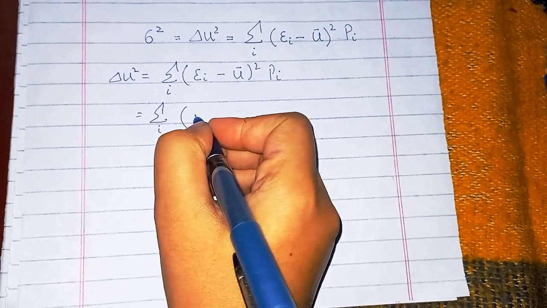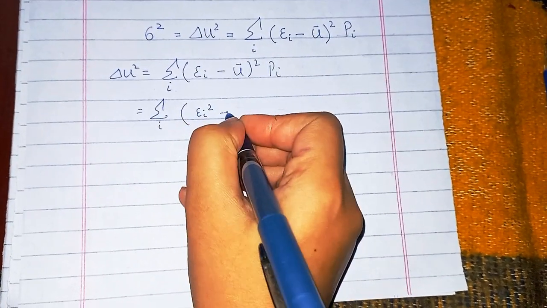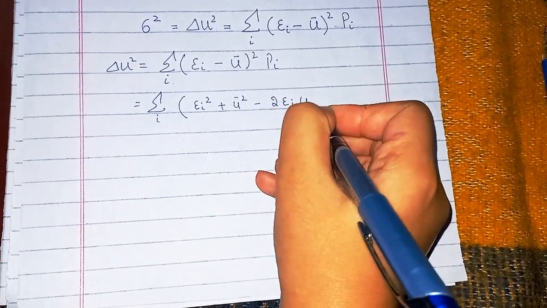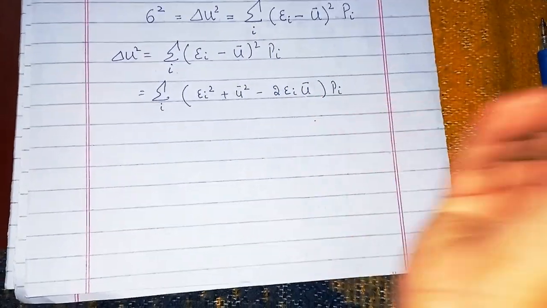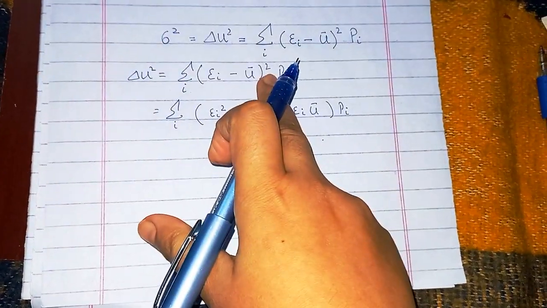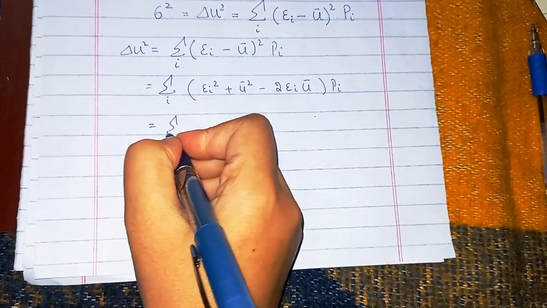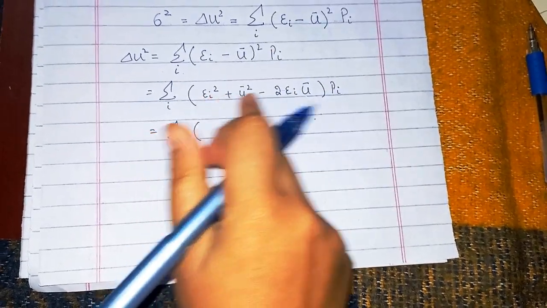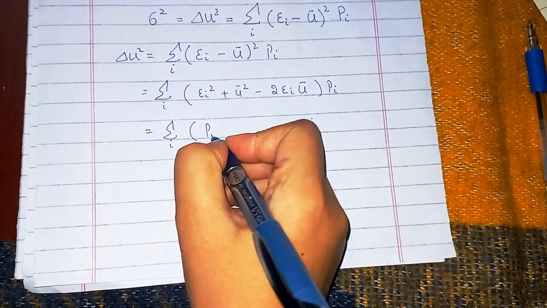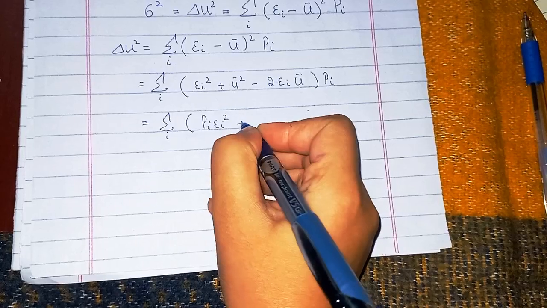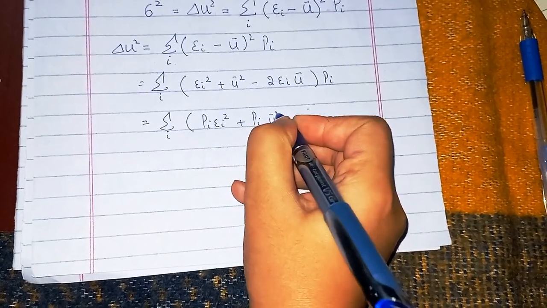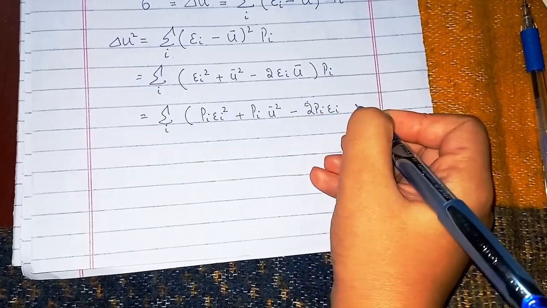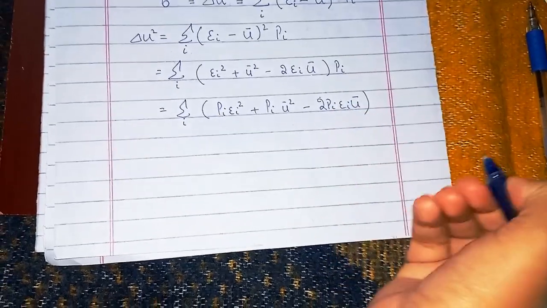It's a whole term squared, so ei square plus u bar square minus 2 ei u bar, into pi. We just opened up the square, and we now multiply pi with all of these values. So it's pi ei square plus pi u bar square minus 2 pi ei u bar.